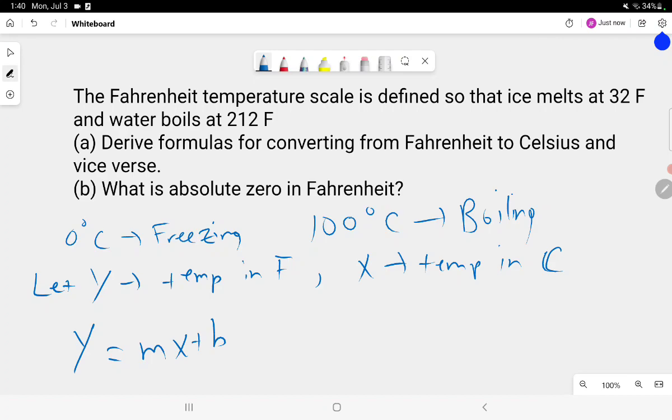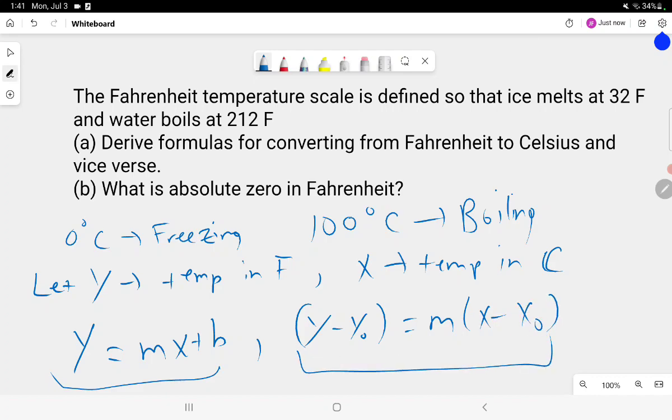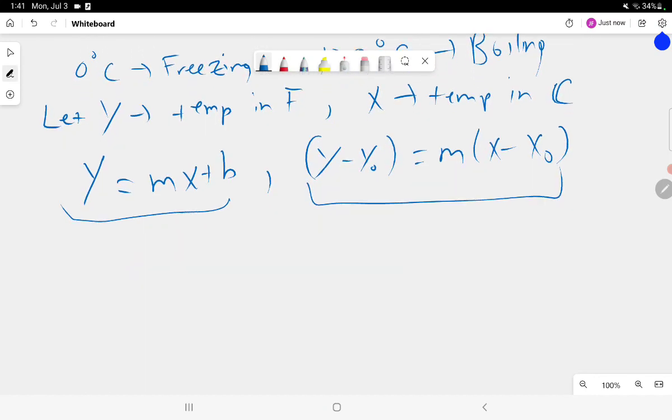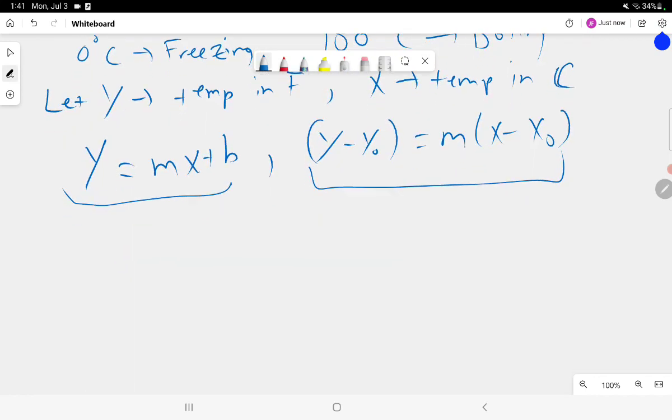We want to get it into this form, but we're also going to have this handy equation from algebra, which will help us to get into the slope-intercept form. So this is slope-intercept form, and this one is in point-slope form. But point-slope form is nice and easy to work with.